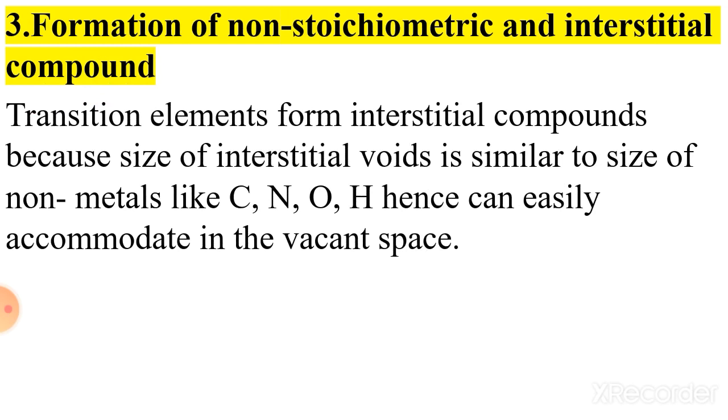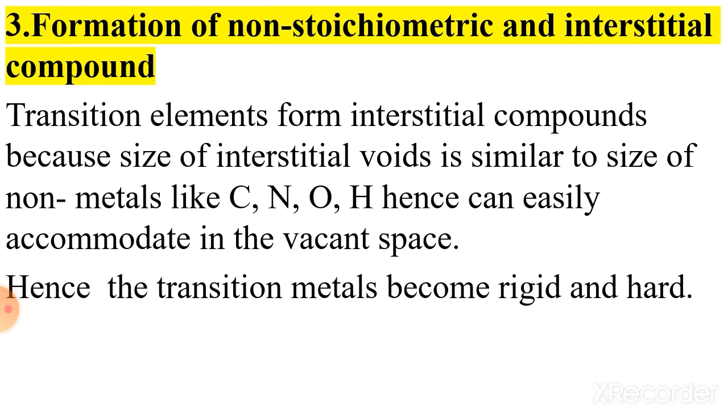Transition metals or elements form interstitial compounds. This is because the interstitial voids, also known as empty spaces or interstitial sites, are similar in size to non-metals such as carbon, nitrogen, oxygen, hydrogen, etc. Hence they can easily be accommodated in the vacant spaces present in the crystal lattice.